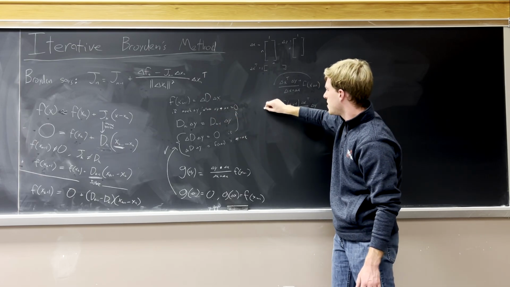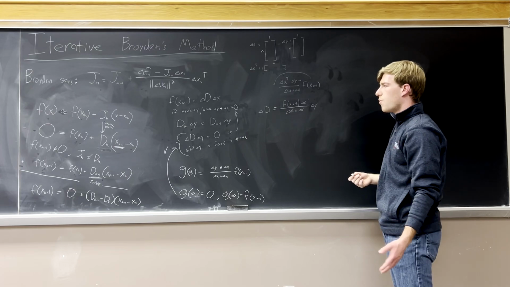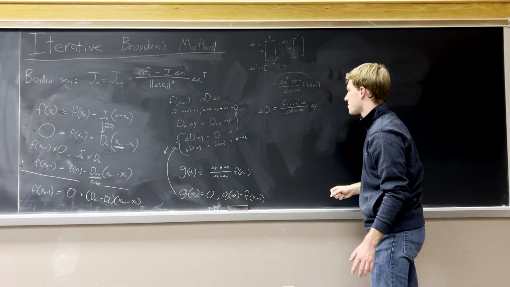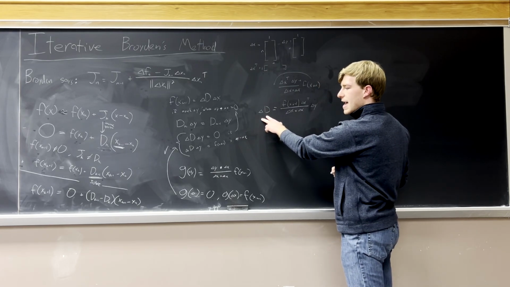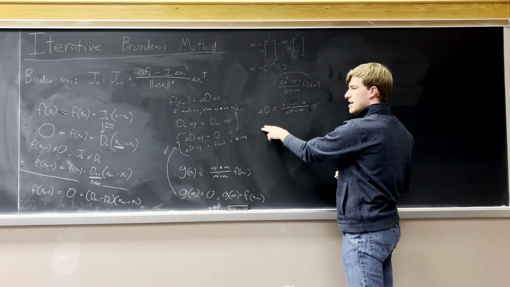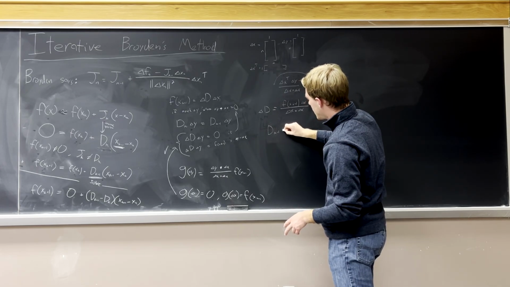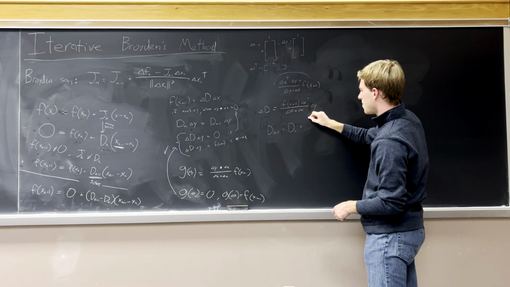This is going to be equal to our delta d. So what exactly is our delta d? Well, remember we defined that as just the difference between our two Jacobians. So since this is d k plus 1 minus d k, we can just move d k over to this side.